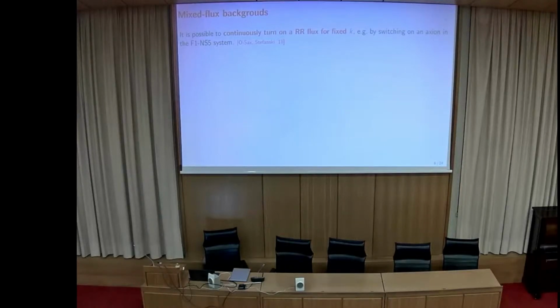And the way that you can think of generating them is that you start from your NS background with some K, and you can turn on some modulus in this system of fundamental strings and NS5 branes. This is explained in several papers, including this one, where it's very clear what this modulus does. And at the end of the day, in, say, the Green-Schwarz action, you get that the amount of B field, or the amount of H, is a little bit lower.